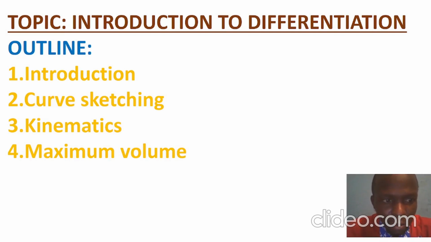In the third part of this tutorial, that is kinematics, the study of motion of bodies without looking at force, we are going to see the relationship between displacement, velocity, and time, and see how differentiation comes into play.